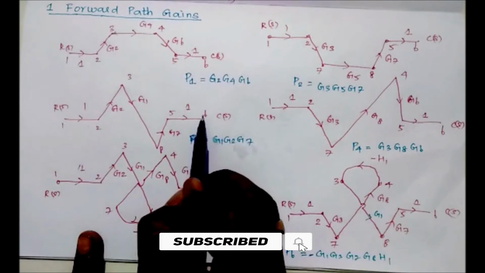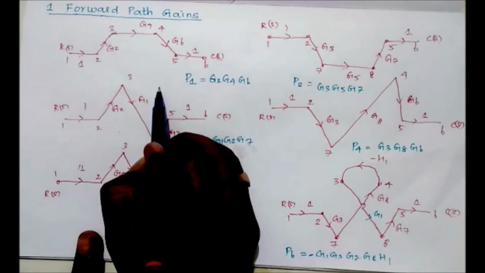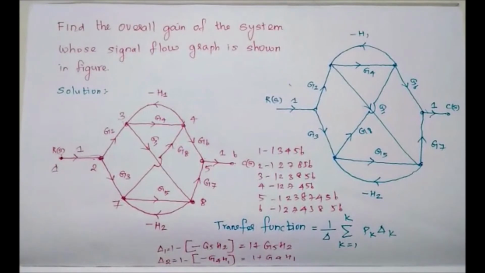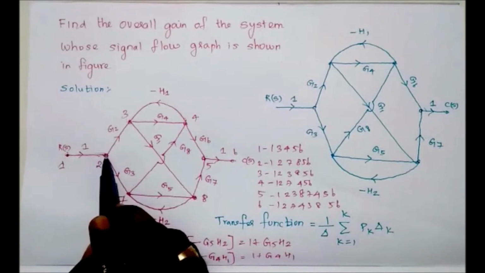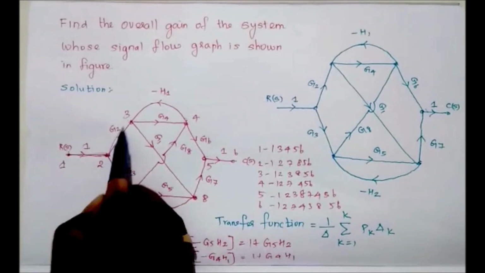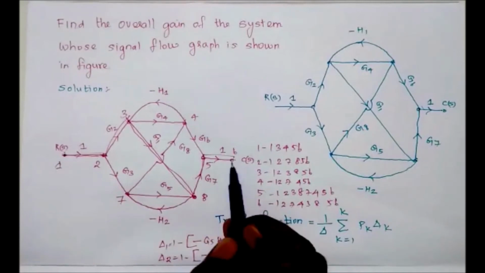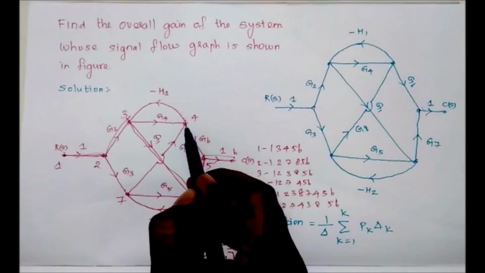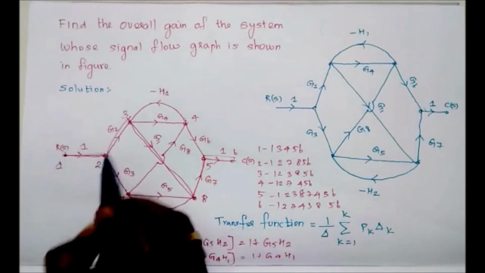Apart from this, nodes 7 and 4 are there. In this area, all branches are touching this forward path.